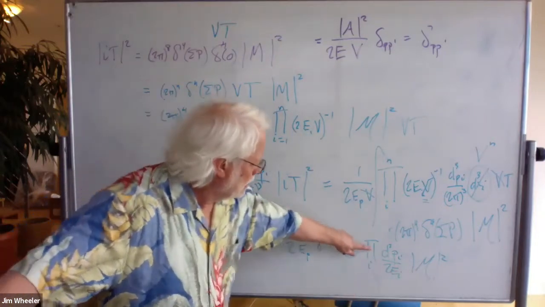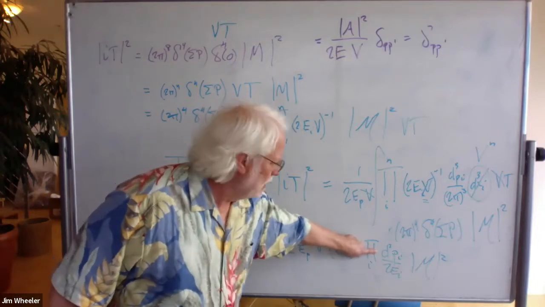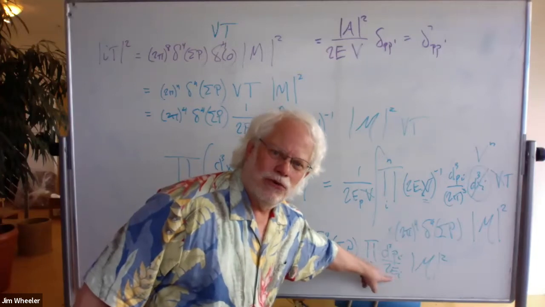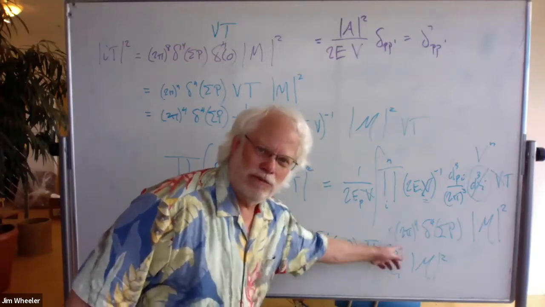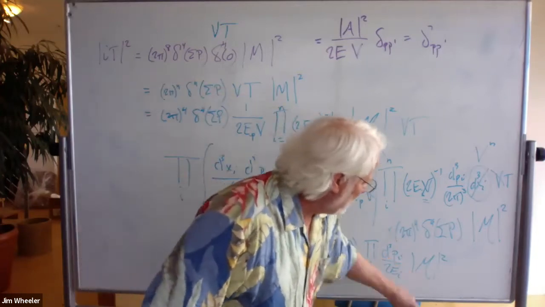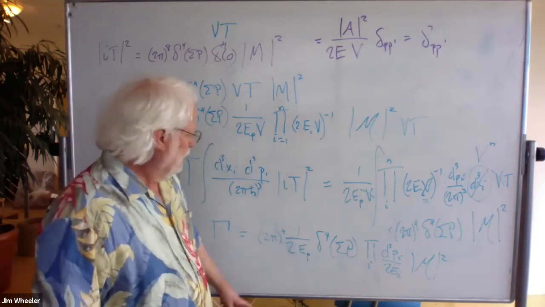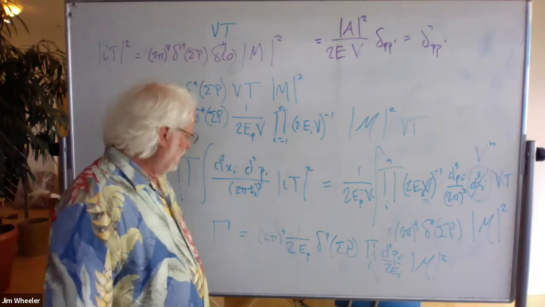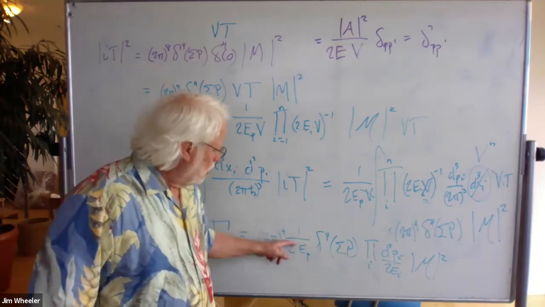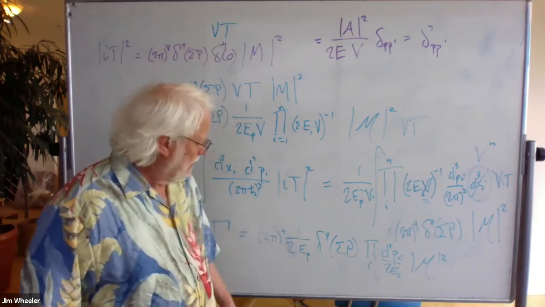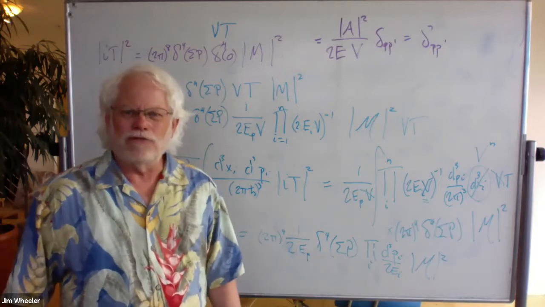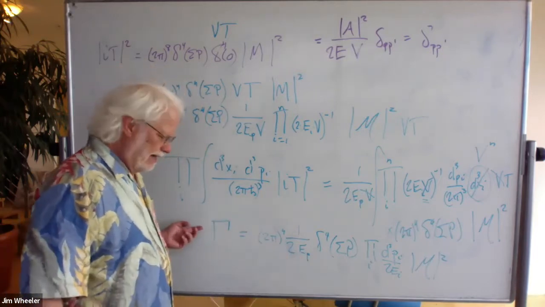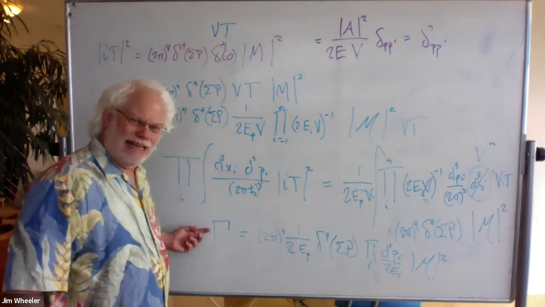So d3p is an inverse volume. So this is 1 over EV dimensionally. So this is a Lorentz invariant volume element. The matrix element is now Lorentz invariant. The delta function over conservation of momentum, invariant. The only thing that depends on the frame of reference is this energy.